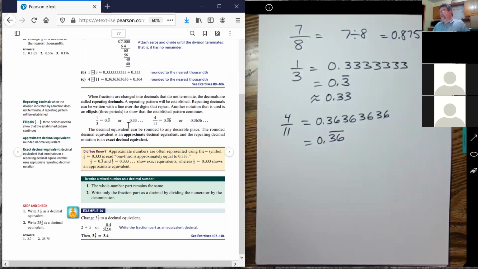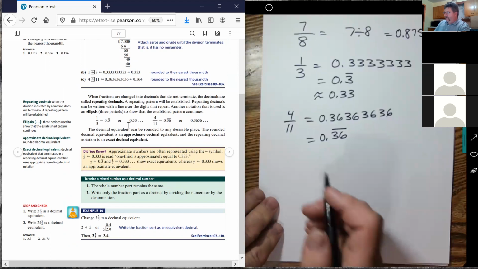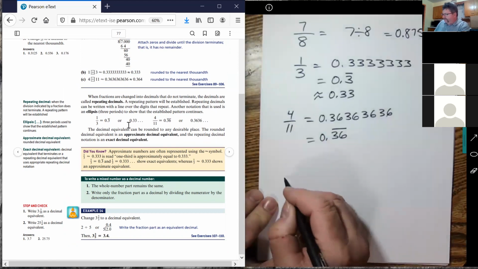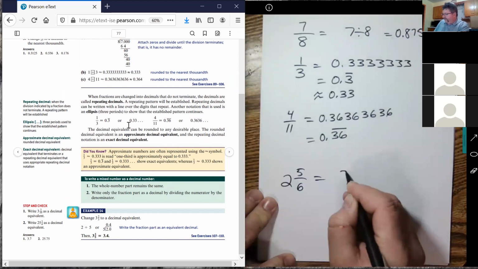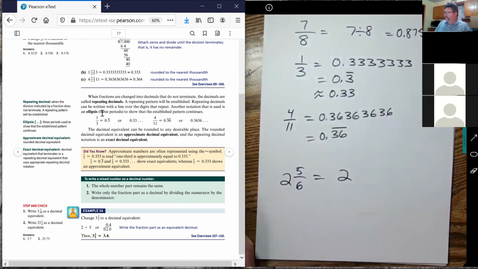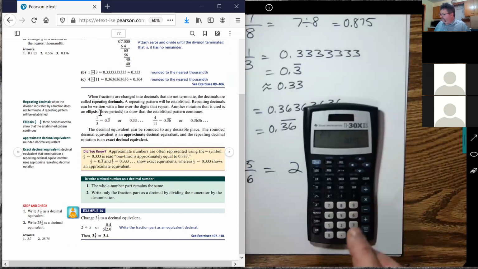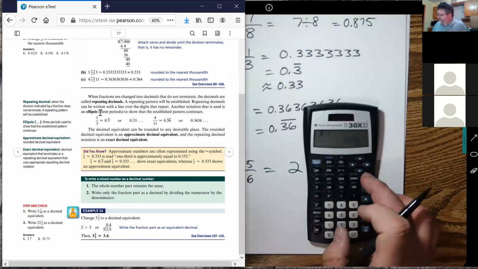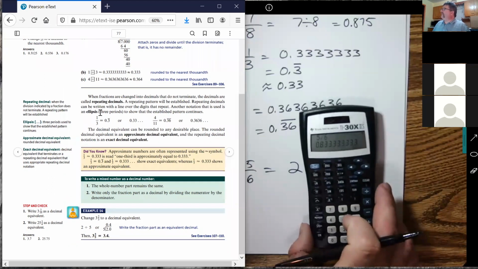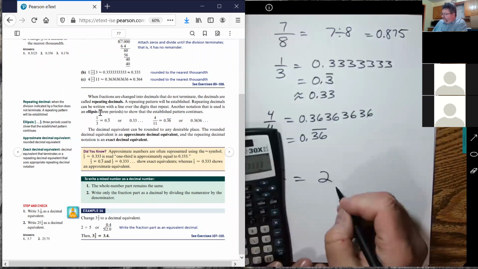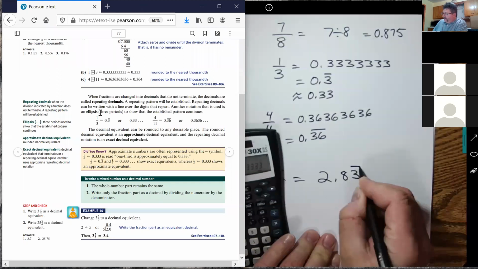Mixed number as a decimal, well, the whole number part's going to stay. If I had 2 and 5/6 as a decimal, the 2 is still going to be there. I just have to figure out what 5/6 is. The 2 is the 2. So 5 divided by 6 is 0.83 repeating, so 2.83 repeating.